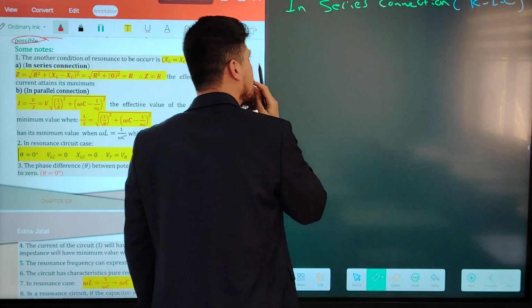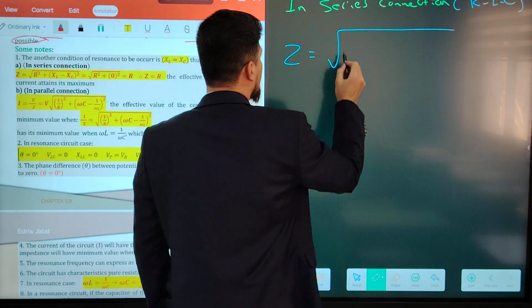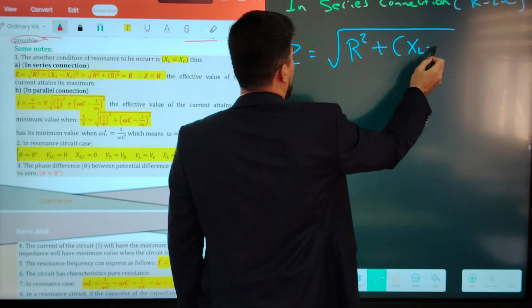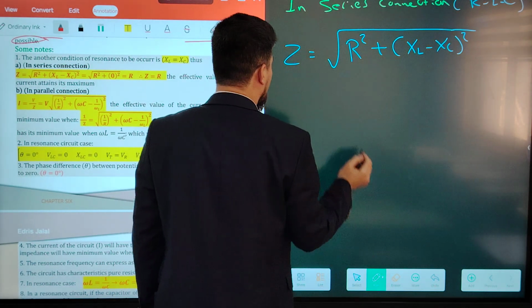RLC series connection. Z is equal to what? Z is equal to the square root of R squared plus XL minus XC squared. Look.